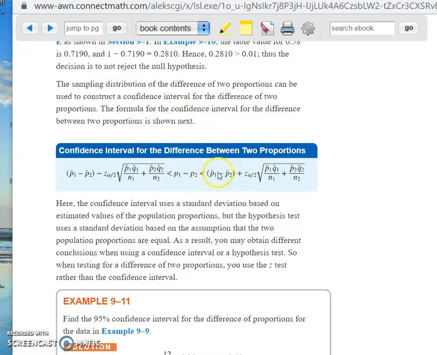So here's our estimate, p hat 1 take away p hat 2 plus or minus the margin of error. And the margin of error is this, the standard error, multiplied by this coefficient, I guess you would call it. And you find the appropriate z value that corresponds to alpha over 2.